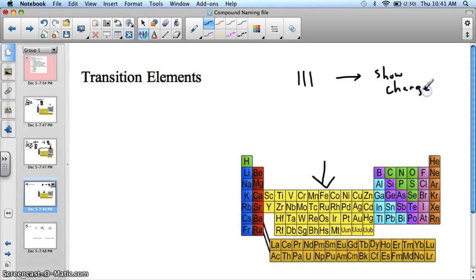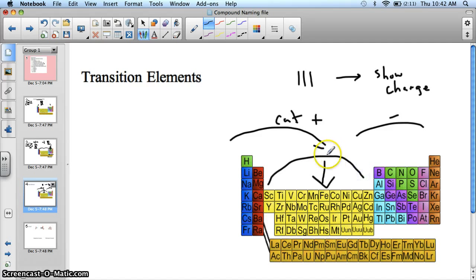You know, cations and anions have a charge. All these metals over here are going to be cations because their charge is a plus. All these nonmetals over here are going to be anions because their charge is negative. So these transition elements are kind of in between, and they have a strange charge.